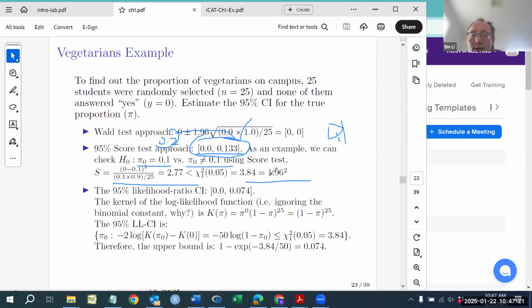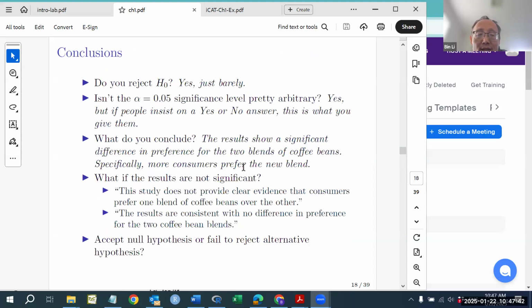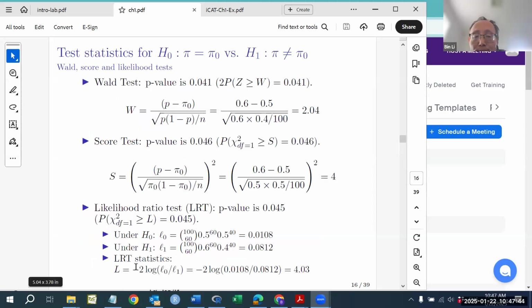And similarly, we can do the likelihood ratio confidence interval. For the likelihood ratio confidence interval, we need to find those pi zeros such that the likelihood ratio test will fail to reject the null hypothesis. So what is the likelihood ratio test statistic?